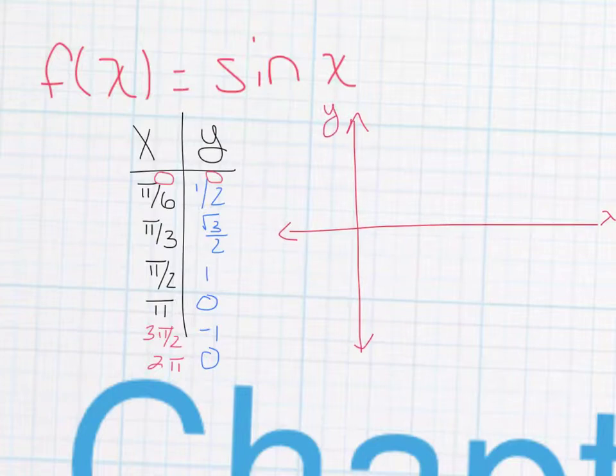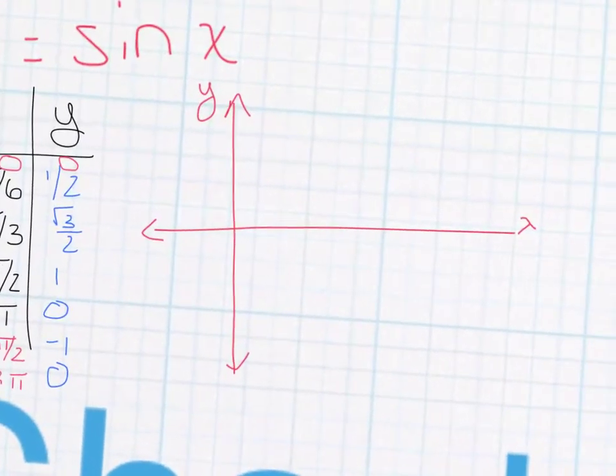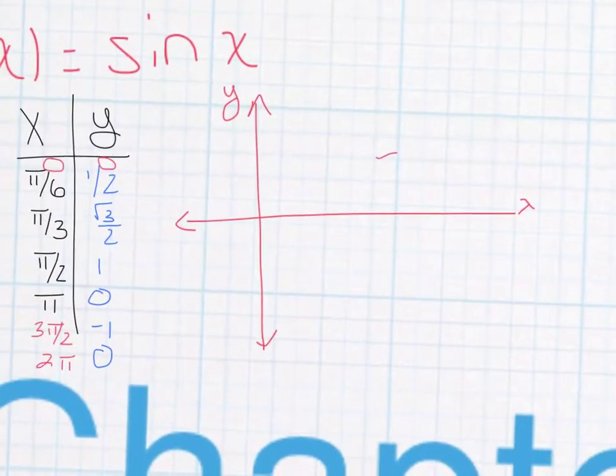Okay, x again is your angle, your input. So here we have pi over 2, here's 3 pi over 2, and here's 2 pi. And in between here, because I jumped, here's your 30 degrees, here's your 60 degrees, and we can go ahead and put those in there.